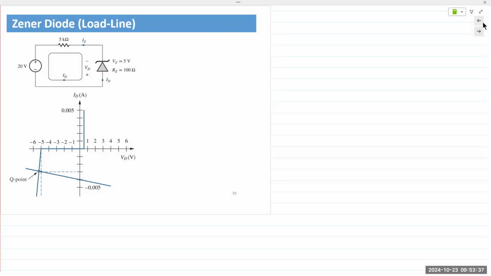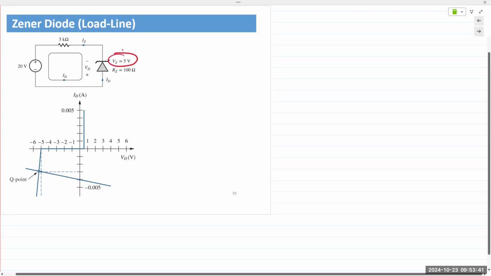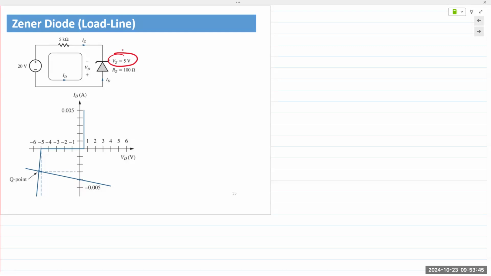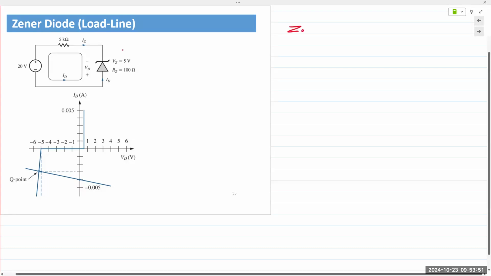The example circuit shown here uses a Zener diode of 5 volts. It is also similar to what you're using in the lab. I think the lab Zener diode is about 6 volts or something. Zener diodes are used exclusively in the breakdown region because they are fabricated to work in the breakdown region. So Zener diodes are always reverse bias.